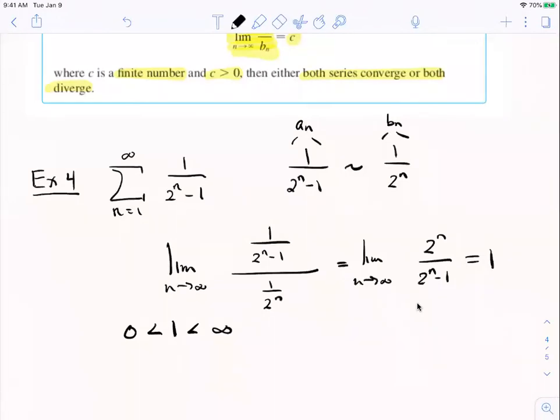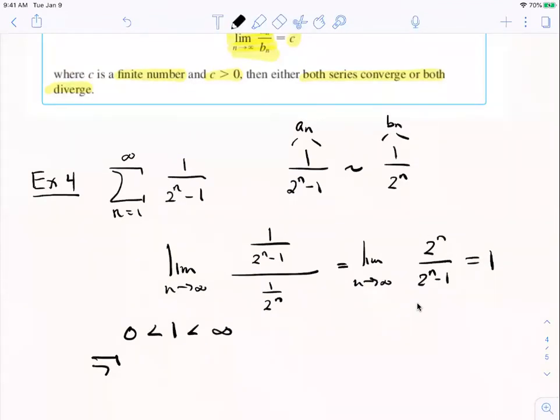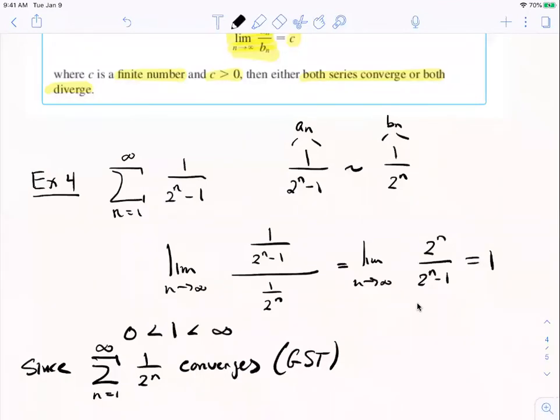So the limit comparison test says that both of these series, the given one and this one, n equals 1 to infinity, either both converge or they both diverge. And since this one converges, do you know why? It's by the geometric series test. Then our original series converges.